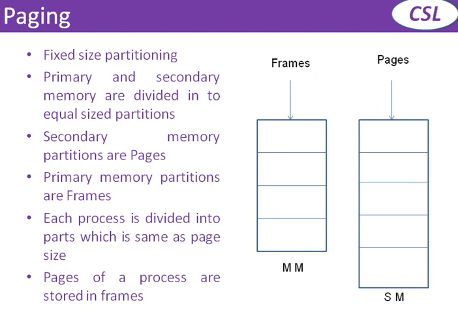Before allocating, a process is divided into parts. Each part is called a page and each part is of the same size. The same sized partitions are also implemented in the main memory. These partitions are called frames and each page is assigned to a frame of the main memory. That is the total concept of paging.